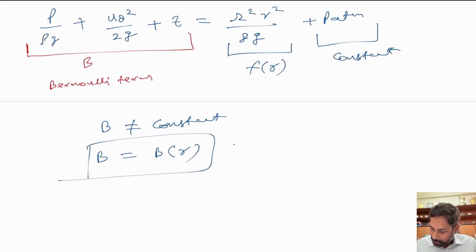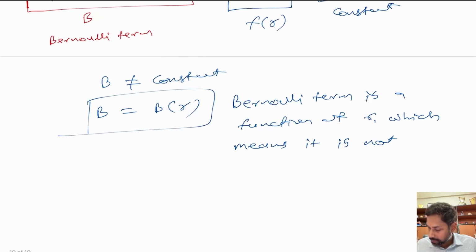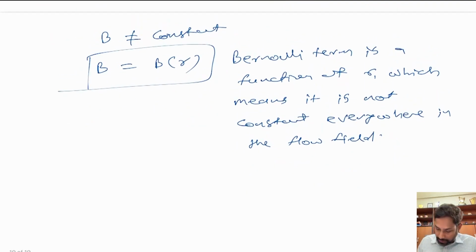So the Bernoulli term is a function of r, which means it is not constant everywhere in the flow field.